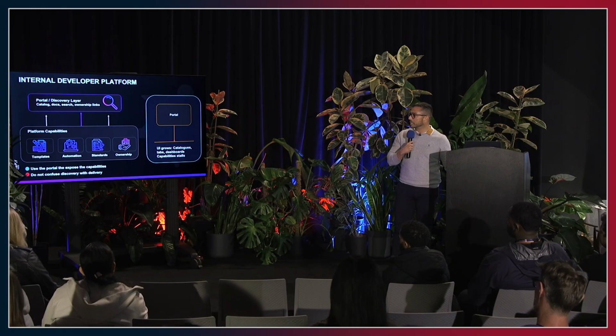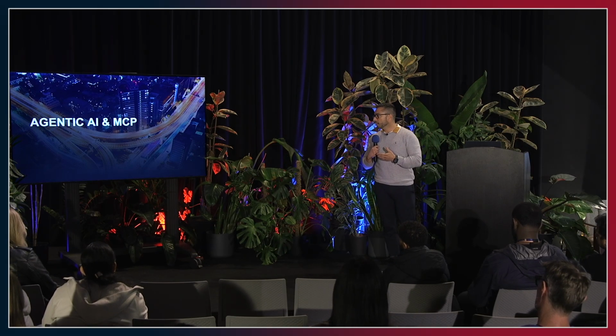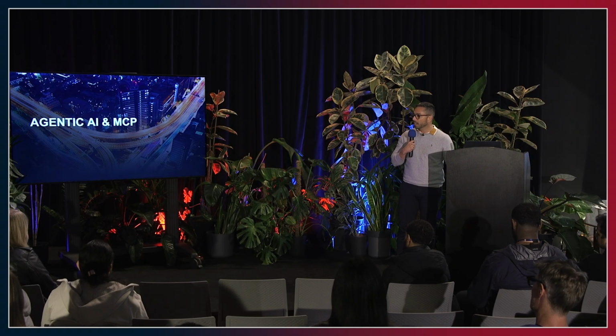But that doesn't mean delivery. Delivery means how I can enable my developers, the end users, to access the services on demand. So looking at the few talks that I saw today, agentic AI and MCP are playing a part in how we can change this picture.